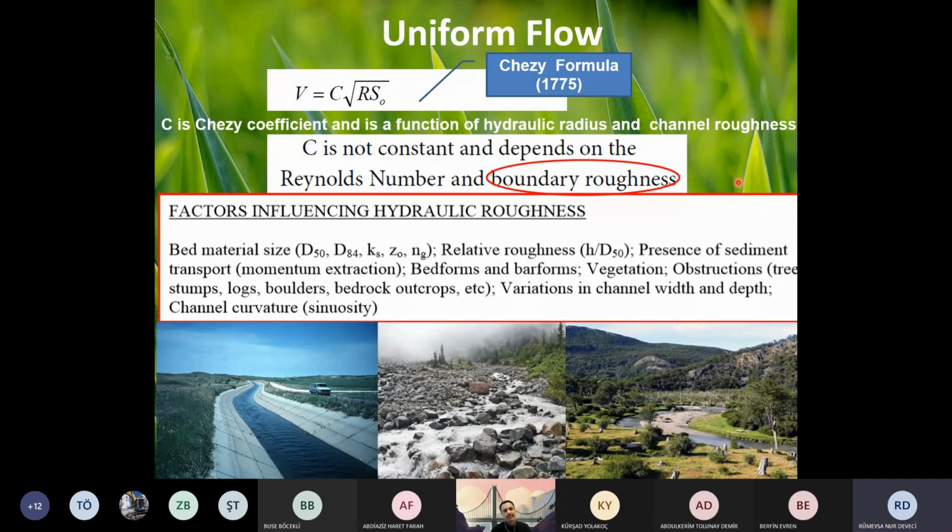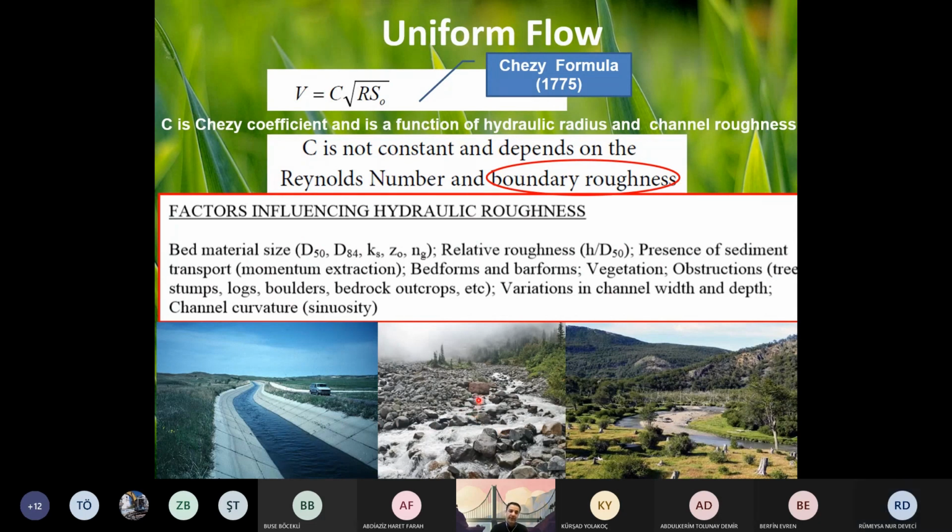First picture has more velocity. This one? Yes. Why? Because the C constant is low for the other. C is lower. Yes. Here is it lower or higher? I mean C in the second picture is higher. You are right.